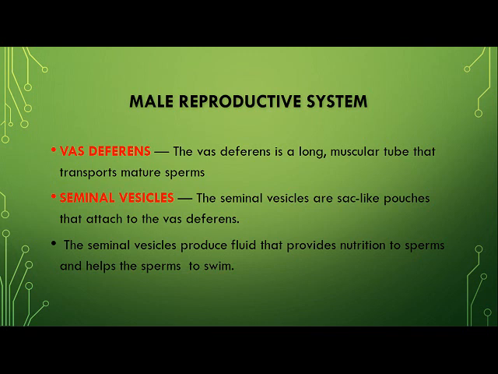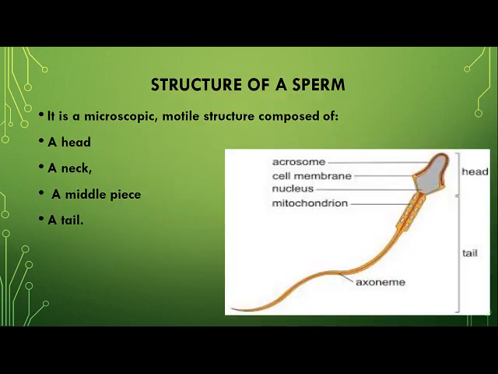One very important gland is the seminal vesicle. This seminal vesicle produces a fluid containing various vital nutrients. It also contains glucose, which provides nutrition to the sperm and also helps the sperms to swim. Once the sperms are released, what happens we'll study later on.